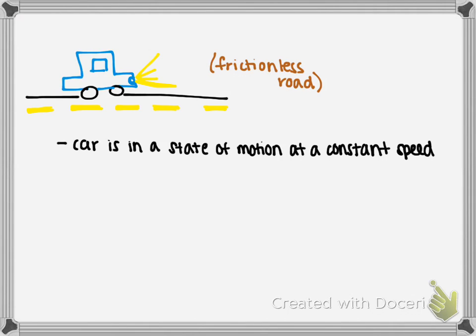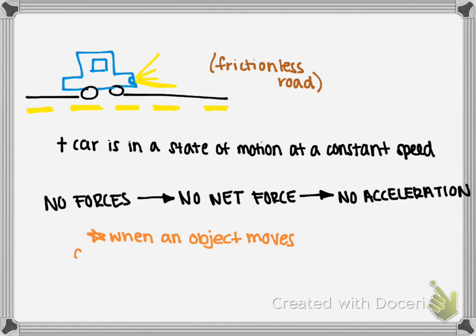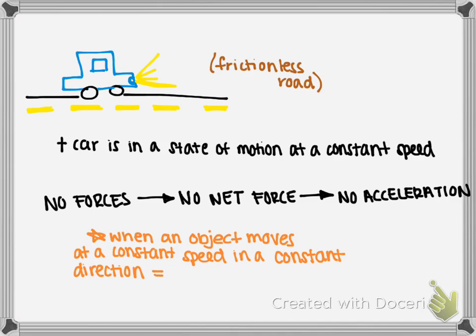And because it is in constant speed and there are no forces, that means it has no net force, and this also means that the car is not accelerating. And remember that constant motion or constant speed and a constant direction is the same thing as saying constant velocity. So here I just wrote down what the definition of constant velocity is.